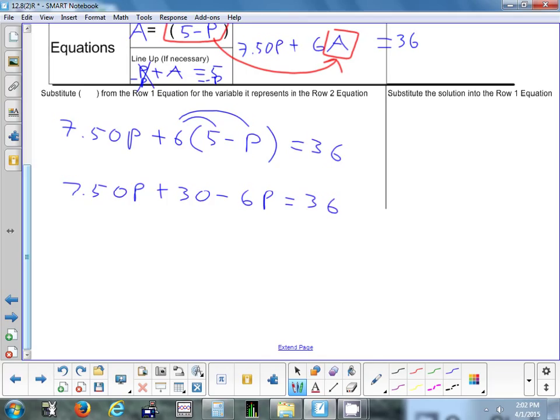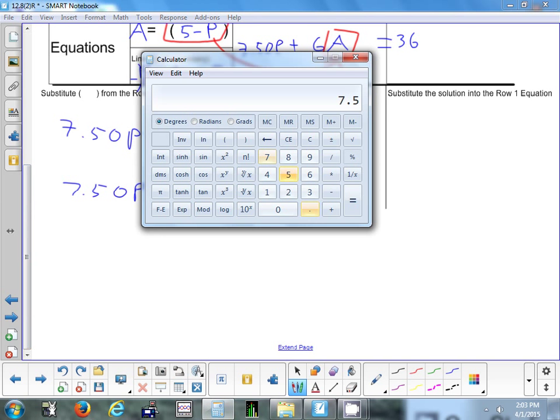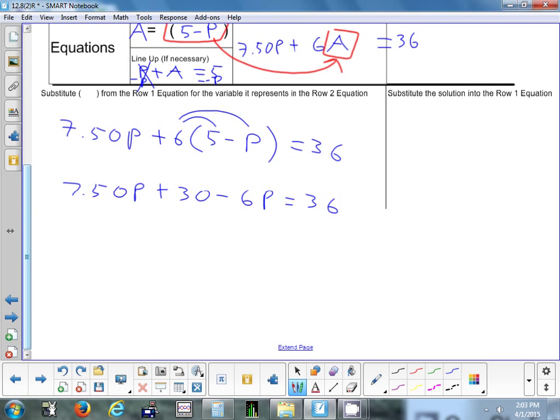Once you do that, you should always have some like terms to combine. Usually whatever the letter is, you should see it twice at this step. Sam, what are my like terms? 750p and negative 6p. So what am I doing right now?